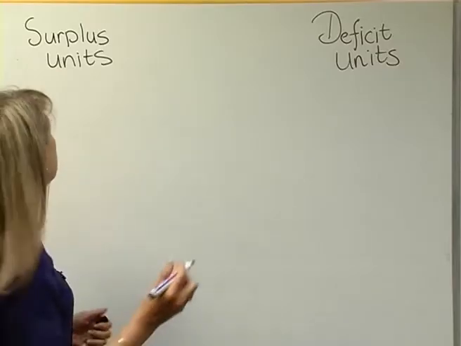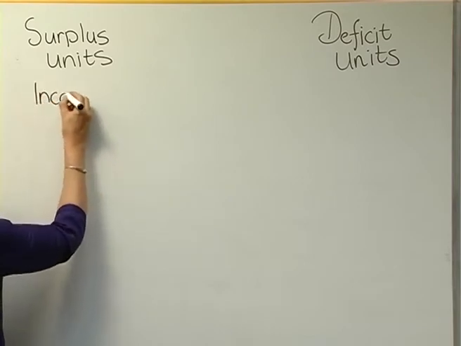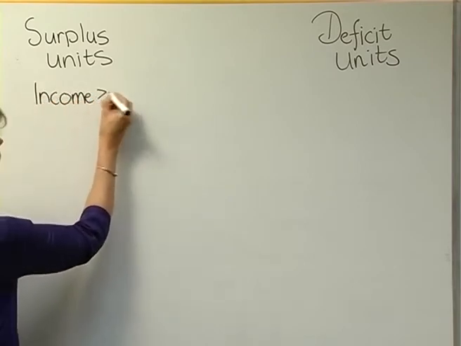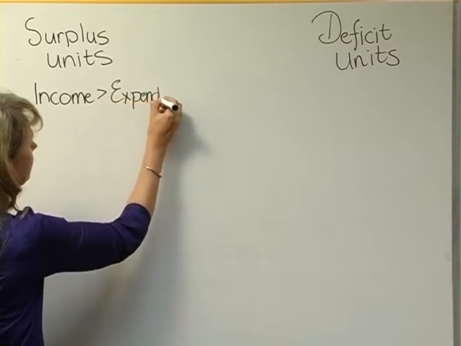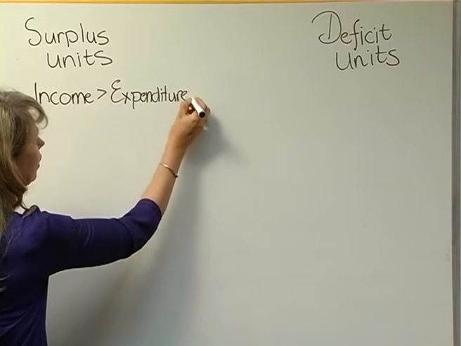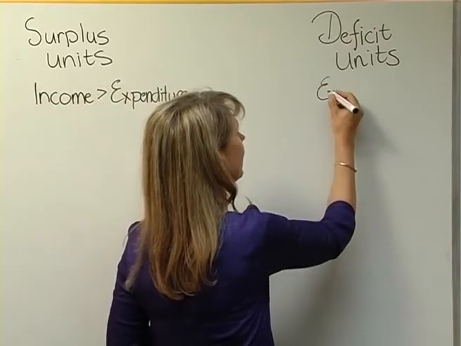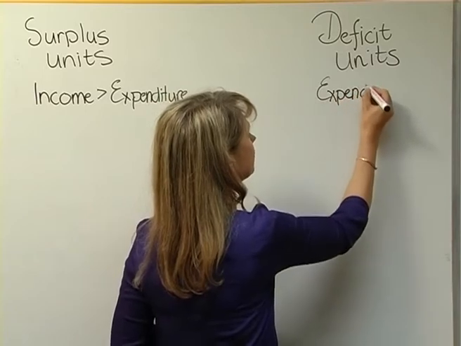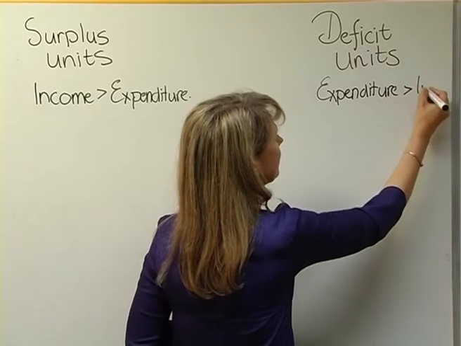Surplus units would be those units where the income exceeds the expenditure, whereas deficit units will be those where expenditure will exceed income.